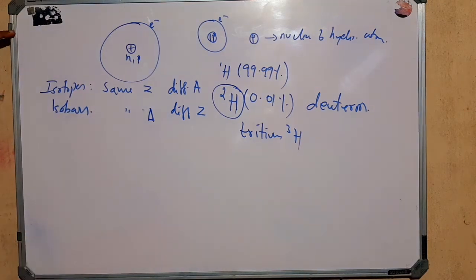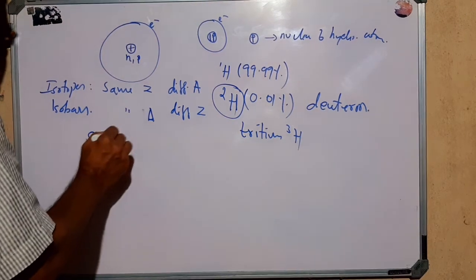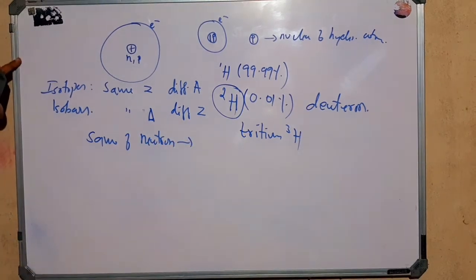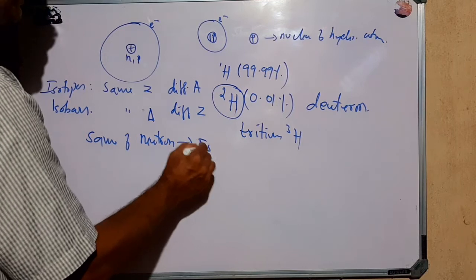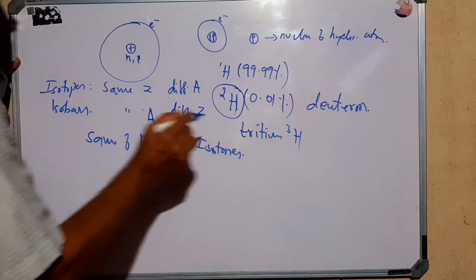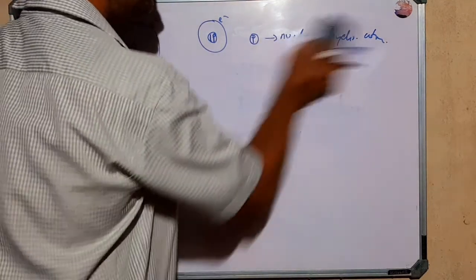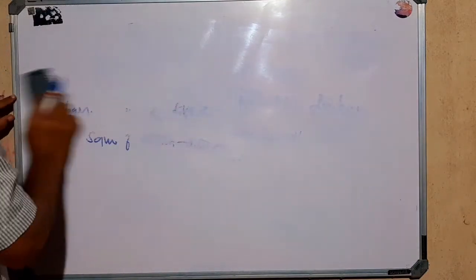If two nuclei have the same number of neutrons, they are referred to as isotones. So this is just something about isotopes, isobars and isotones. These words will come while studying nuclear physics.